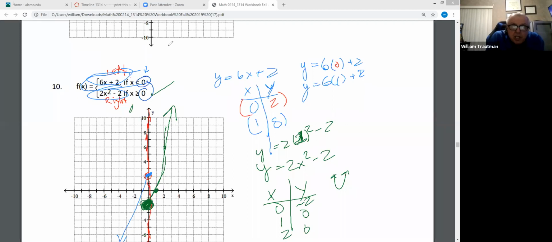This one has no equal sign, so it's an open circle. You don't fill it in. So there's our graph. That's what our graph looks like. You can't have 2 filled in circles because only one of them has an equal sign.